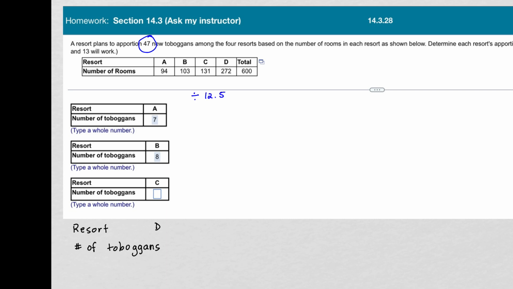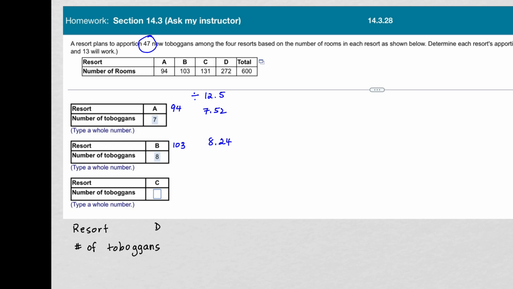and we had 94 rooms for Resort A, I take 94 divided by 12.5, and I get 7.52. And then B is 103, and I divide and I get 8.24, and I'm just rounding all of these to 2 decimal places. That'll be fine.